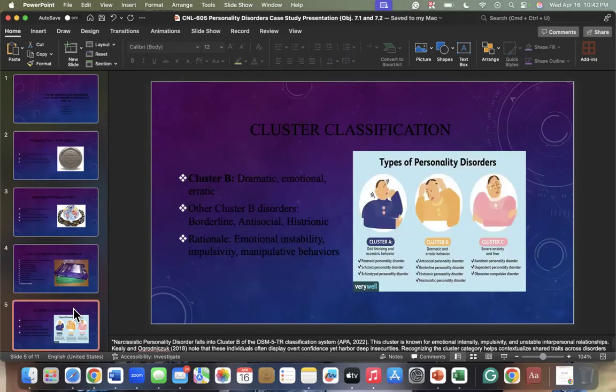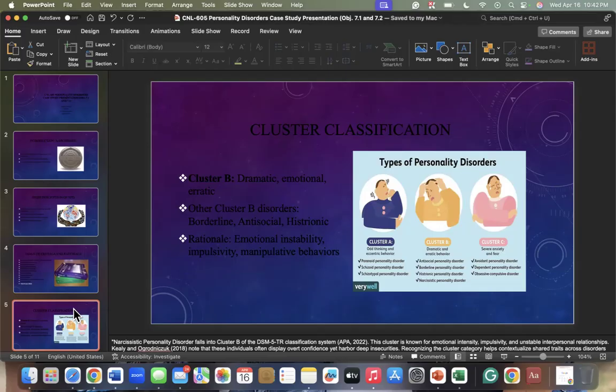Then you have the cluster classification of it, which is cluster B: dramatic, emotional, and erratic. Other cluster B disorders are borderline, antisocial, and histrionic. The rationale side of it is the emotional instability, impulsiveness, and manipulative behaviors.